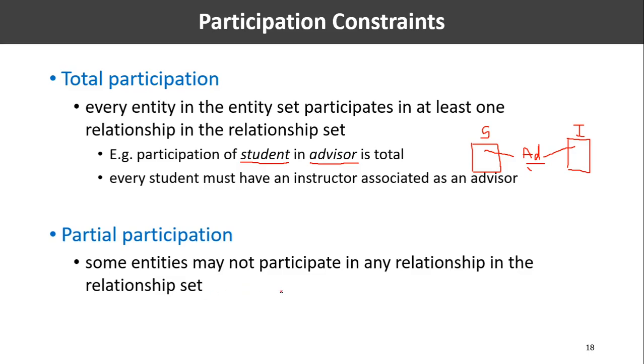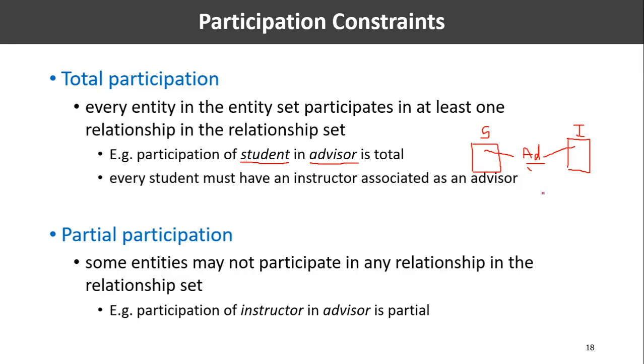If this is the case, then we say that it is partial participation. I'll repeat: if some entities are not participating in any relationship in the relationship set, then we say that it is partial participation. Let us see once again a similar example.